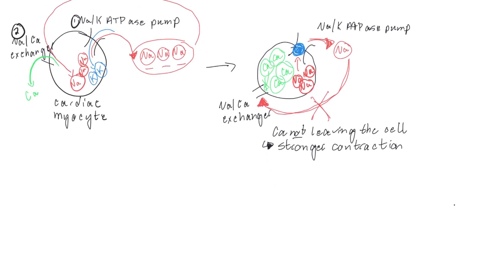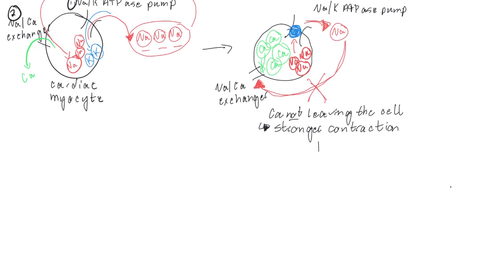And there's going to be all sorts of effects from a stronger contraction, and let's list them here. Of course, increased contractility. And that means you are going to have increased stroke volume, which means you're going to have increased cardiac output, because let's draw out our cardiac formula here. Stroke volume times heart rate equals cardiac output.